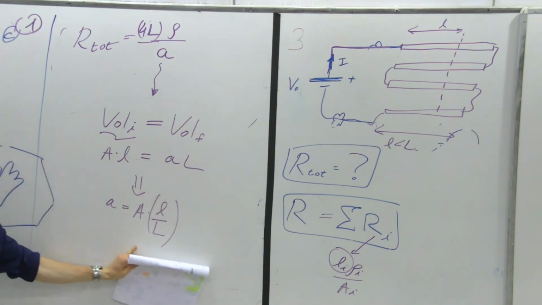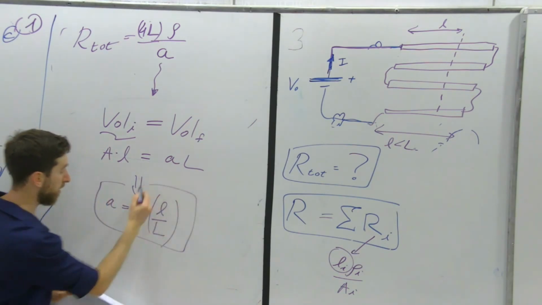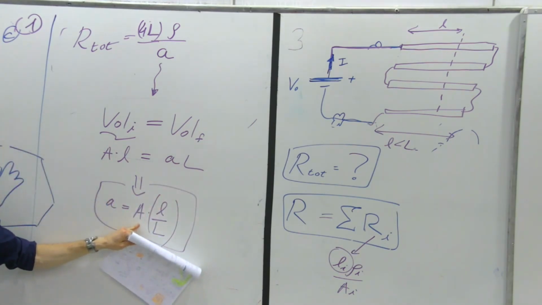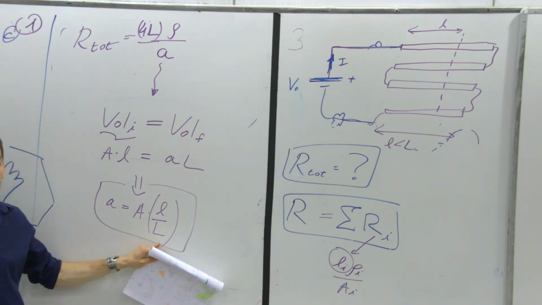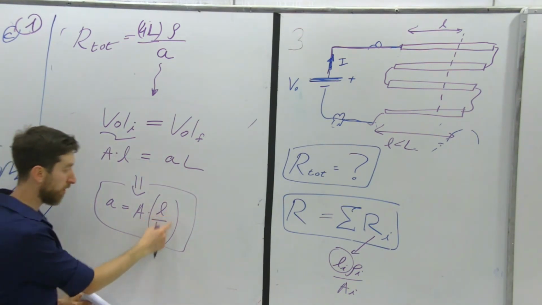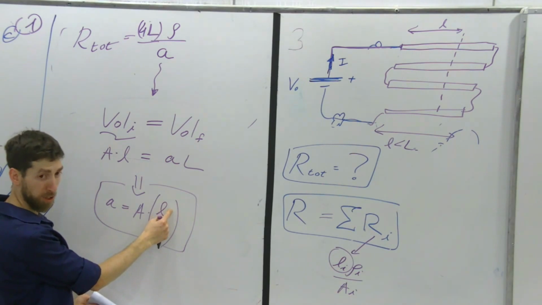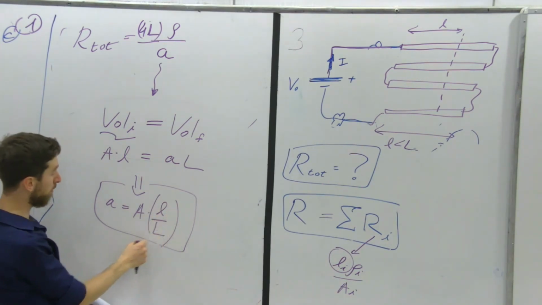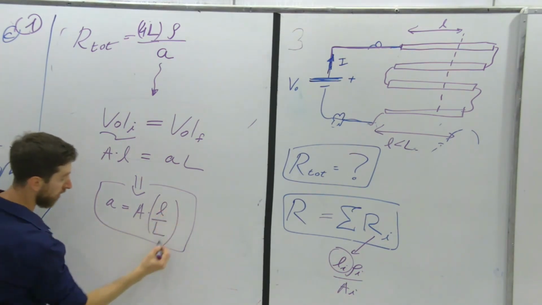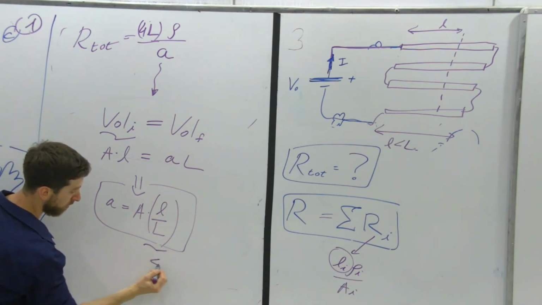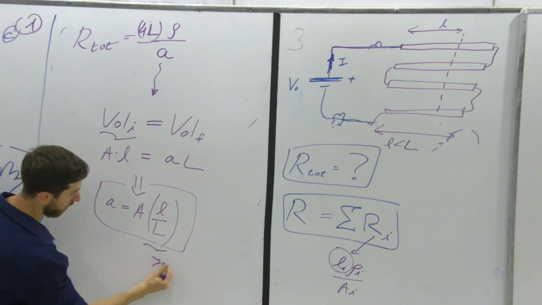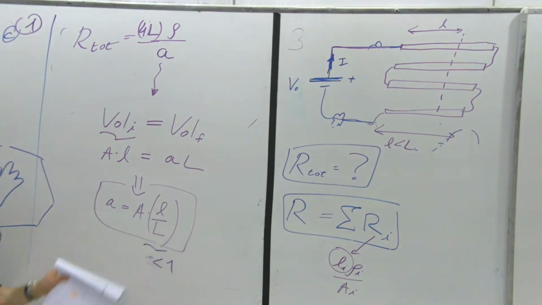And this makes sense. What does it say? This is the original, what you have at the beginning, and this is a correction factor, what happened to it. This is without units, you see? The original length divided by the big one, so this is actually less than 1, right? So I know it's shrinking.